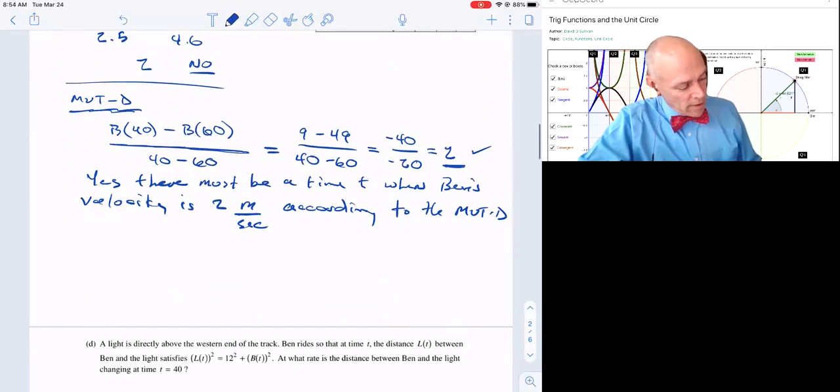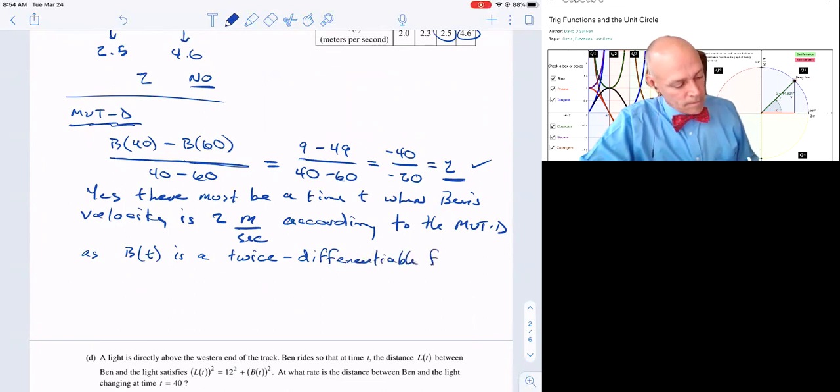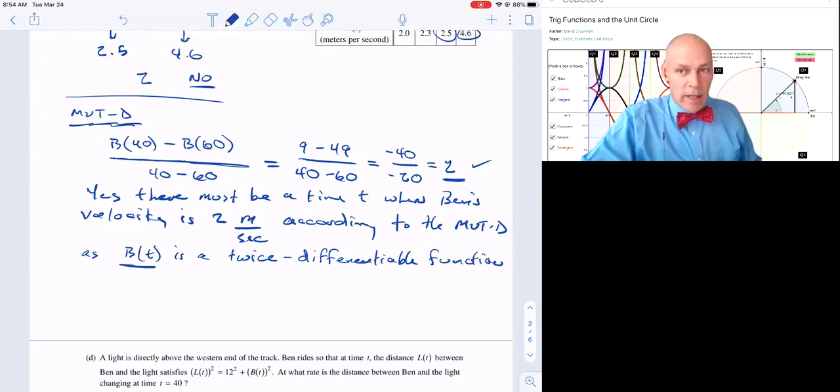And I'm just going to add here that B at t is a twice differentiable function. So this is saying that I've met the 2 conditions necessary to invoke the mean value theorem for derivatives.